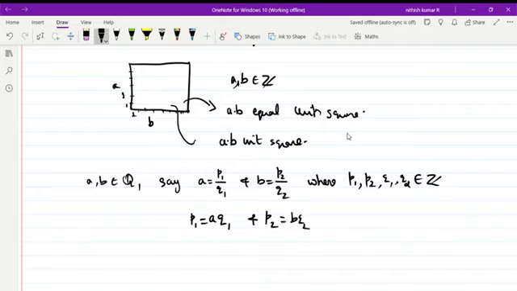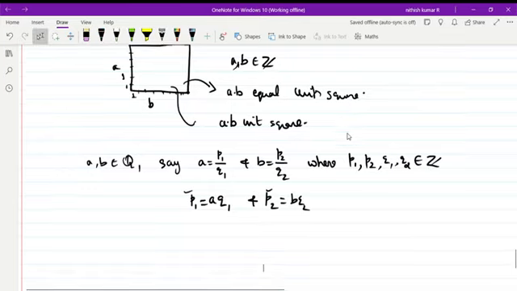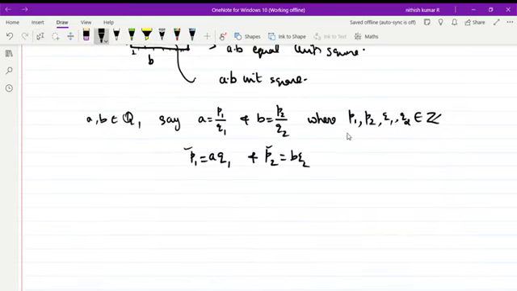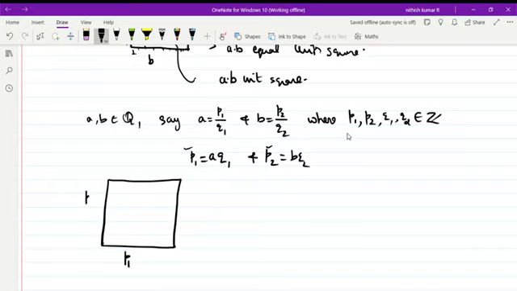Using P1 and P2, let's consider a rectangle with sides P1 and P2. Since P1 and P2 are integers, the area of this rectangle is P1 into P2.